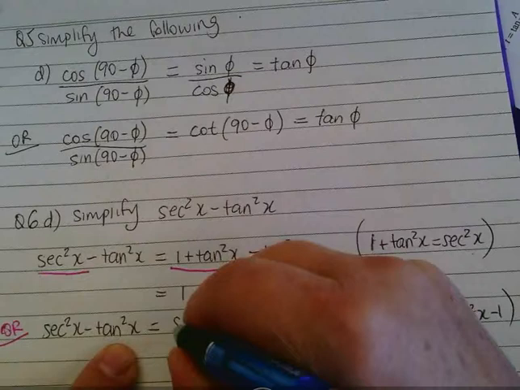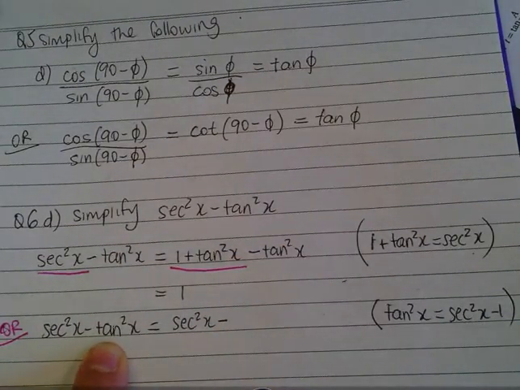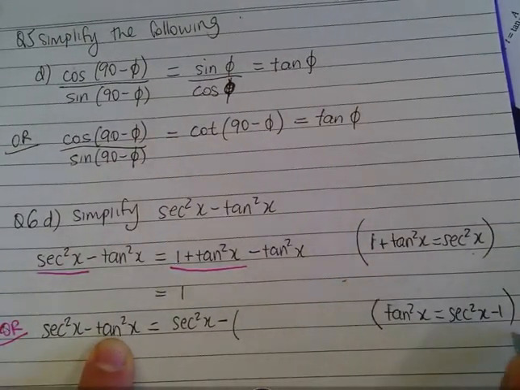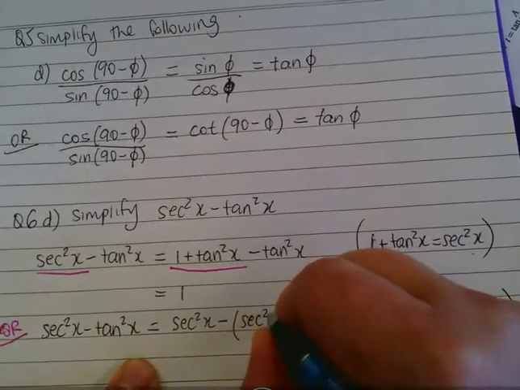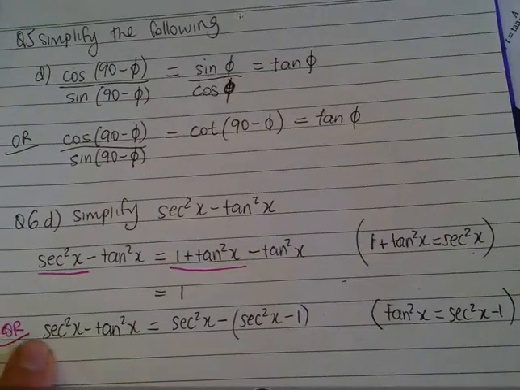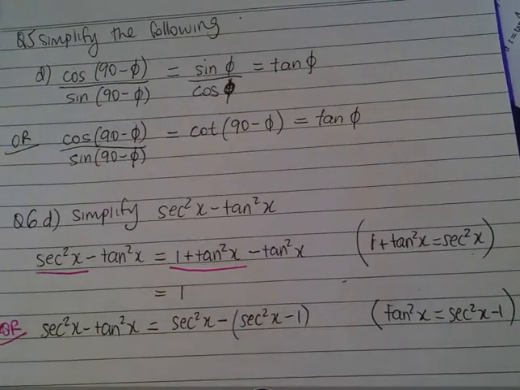So sec squared x, minus, now I have to replace the tan squared x. What do I need to put around the tan squared x? It's minus all of this, so I need to put brackets: minus (sec squared x minus 1). Do you know why I'm putting brackets? Because it's minus whatever tan squared x is, and tan squared x is sec squared x minus 1, so I've got to take that all away.